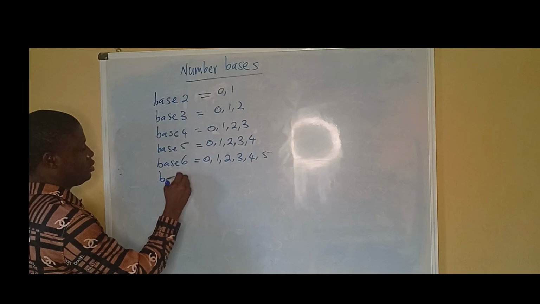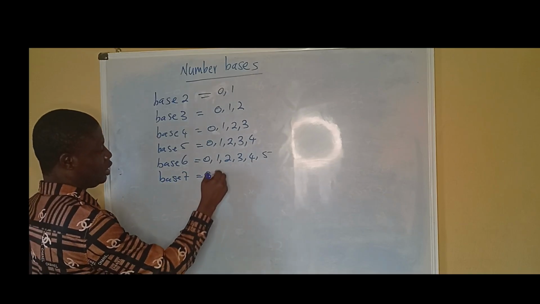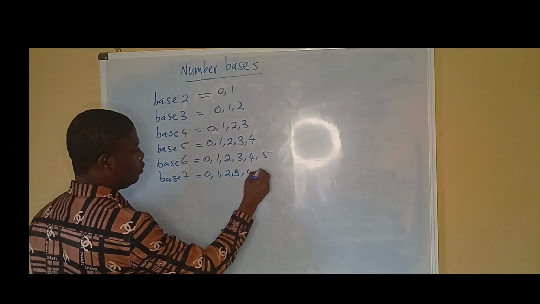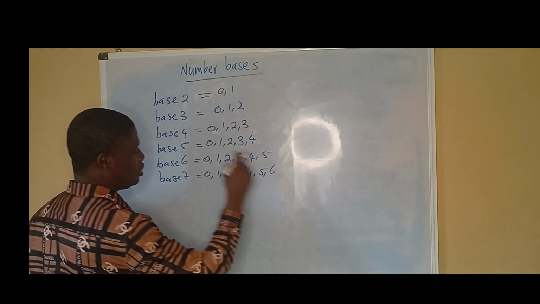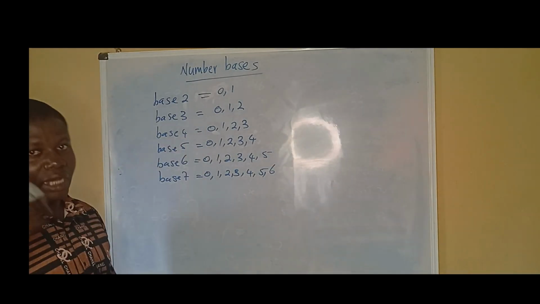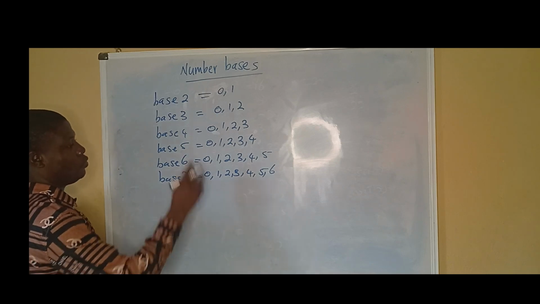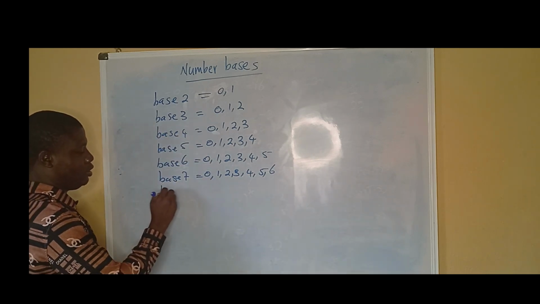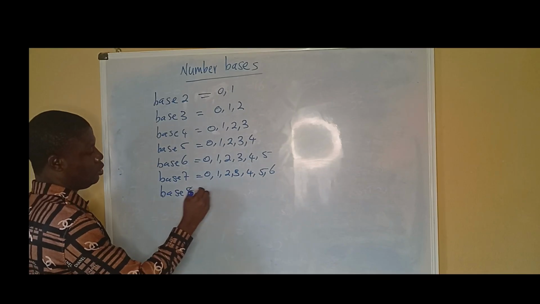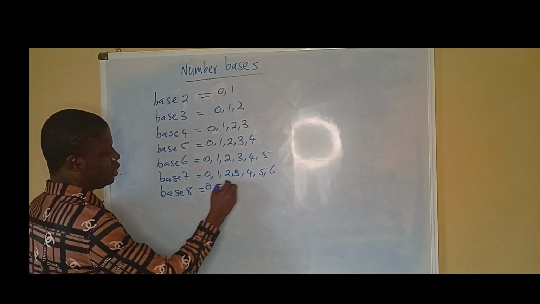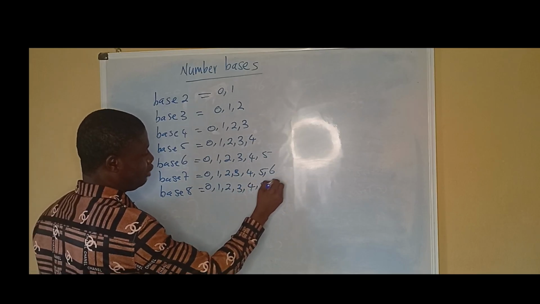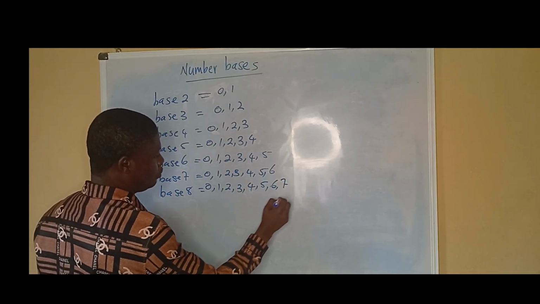Numbers in base 7, you can have 0, 1, 2, 3, 4, 5, 6, but you cannot have 7 or above. So they are always one less than that given base. Numbers in base 8, you can have 0 to 7.